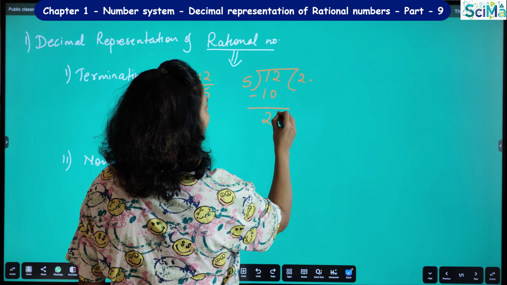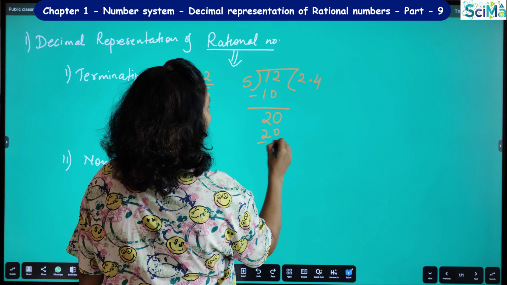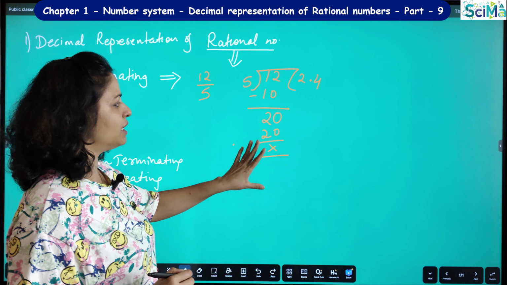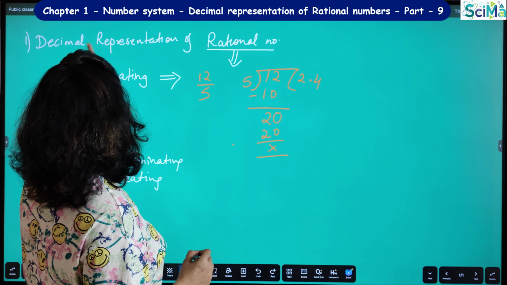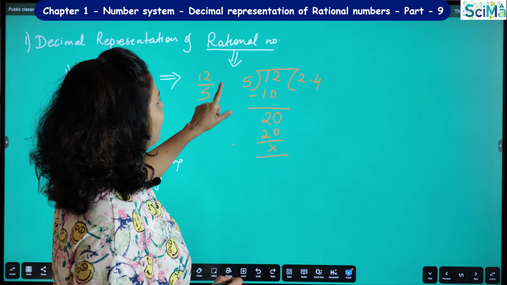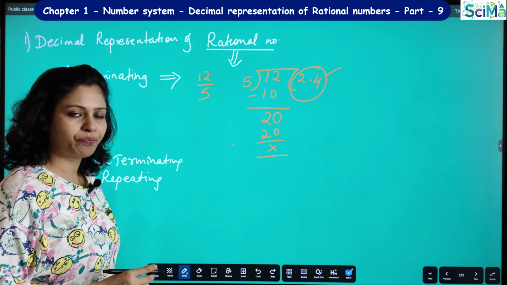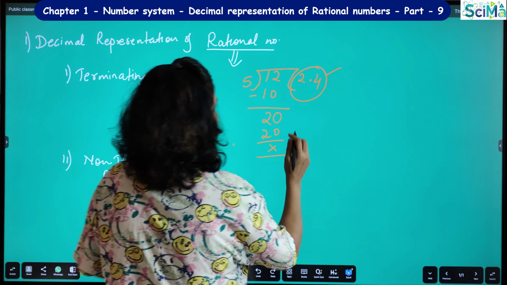I put a decimal, I put a 0 here, and 5 4s are 20. See, it's getting terminated, right? We are getting the remainder 0. That means this is a terminating decimal expansion of this rational number. So what is the decimal representation of 12 by 5? It is 2.4.